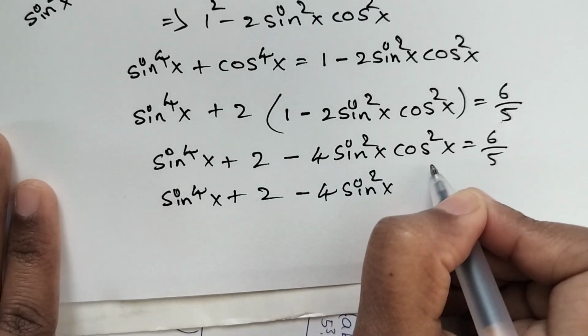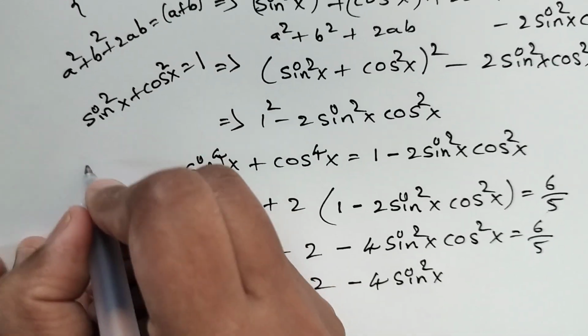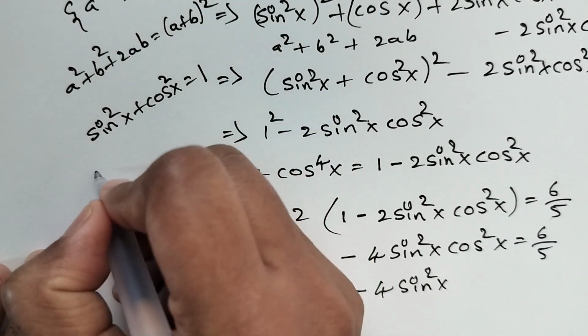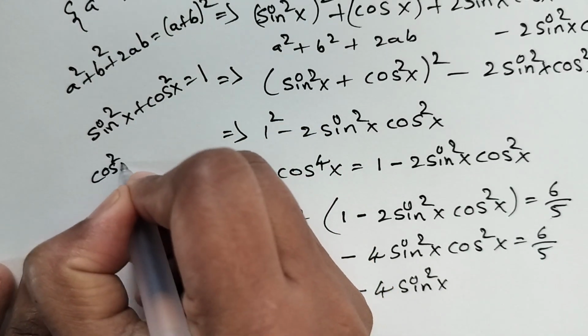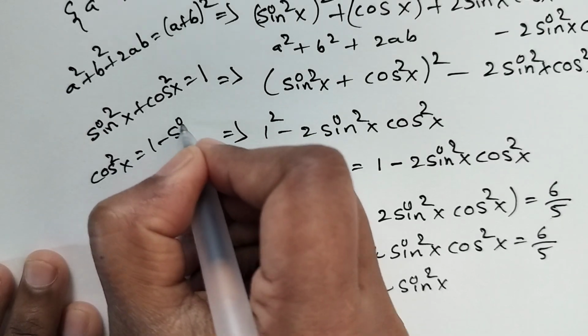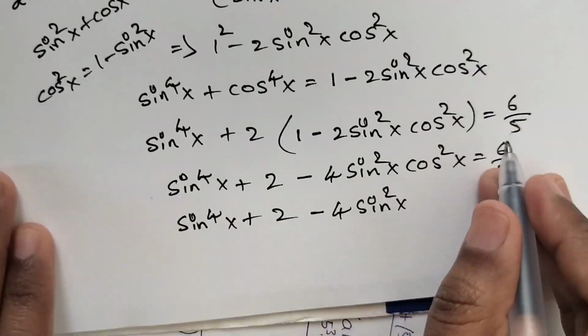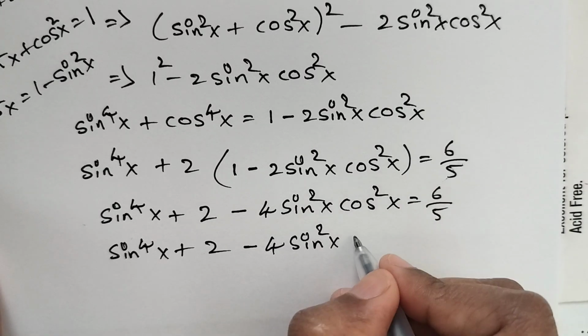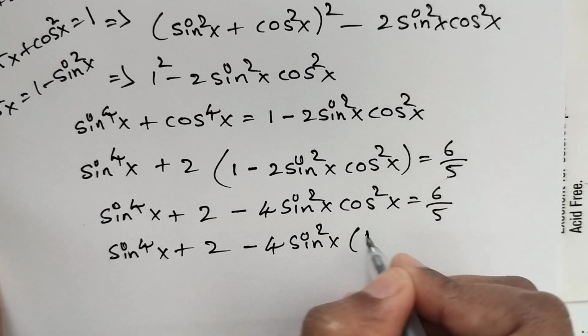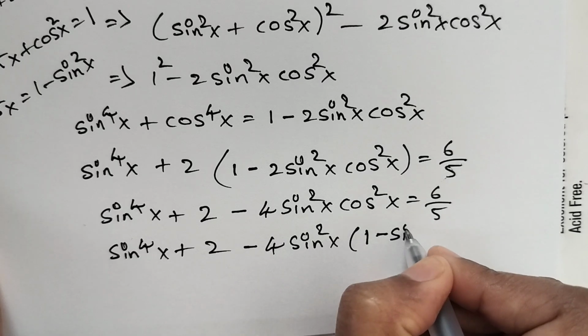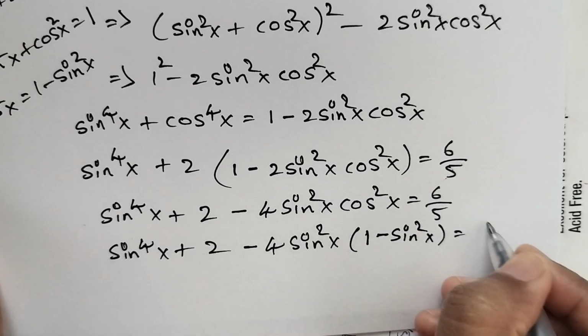Here we have cos²x, right? From this equation we can write cos²x = 1 − sin²x. So this is the value of cos²x. Here we will write cos²x value as 1 − sin²x, equal to 6/5.